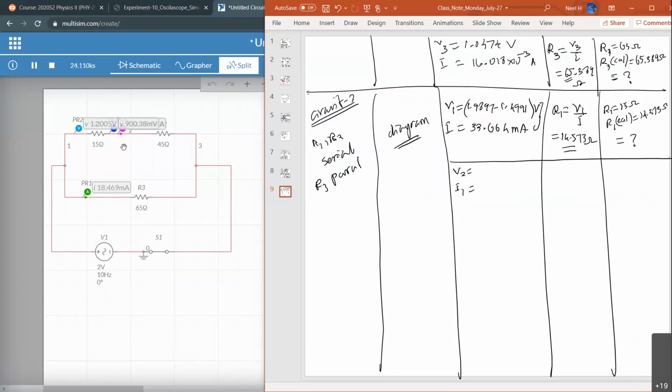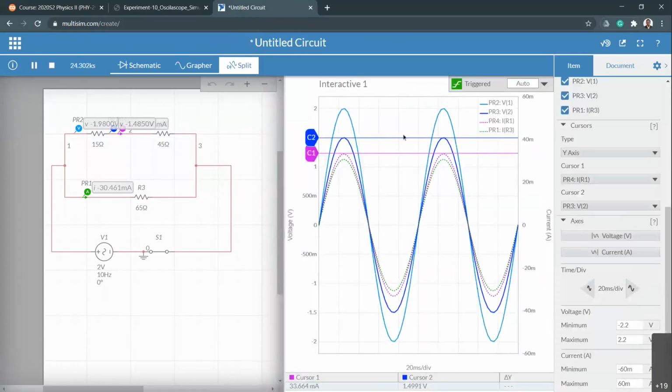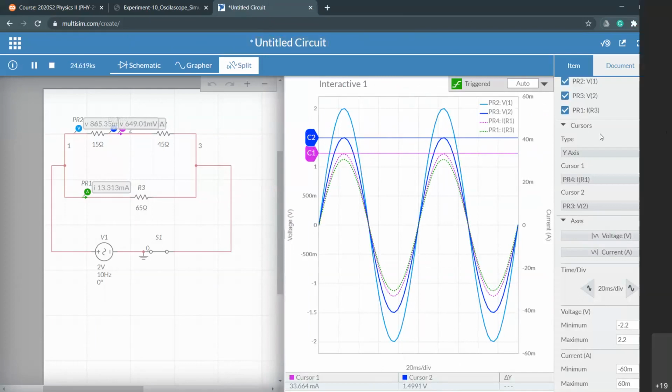Now, what is the voltage across V2? You can see the other end of R2 is connected to the negative, right? So I don't need to spend time on that calculation. We know V2 should be the value of this dark blue line, which is directly 1.4991. You can save time that way.